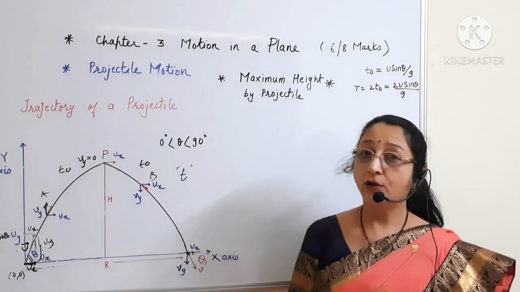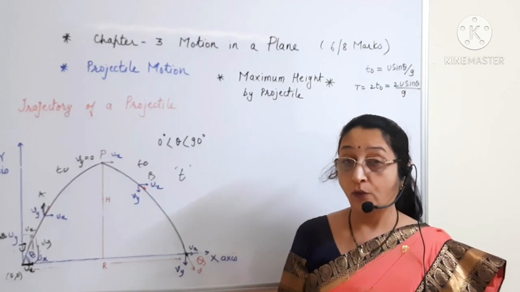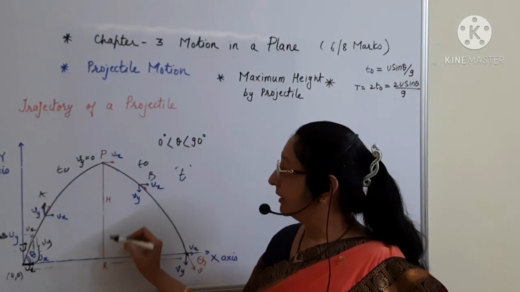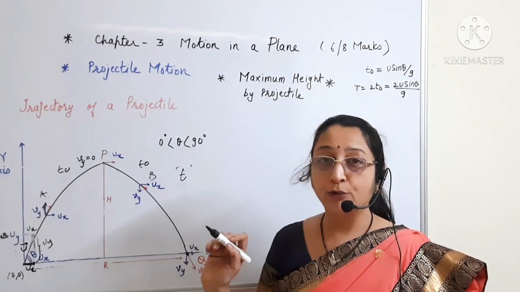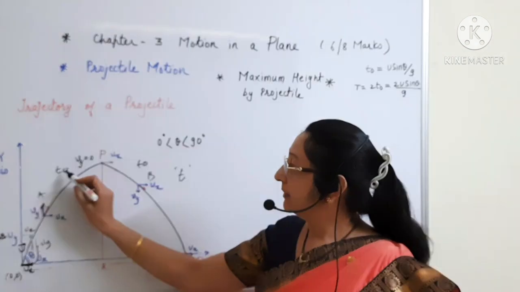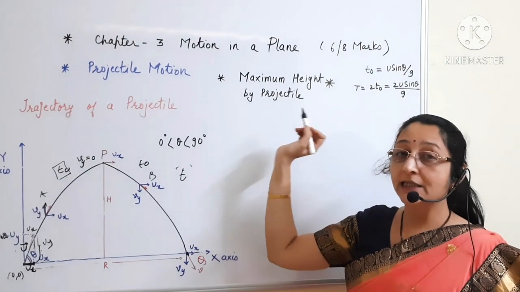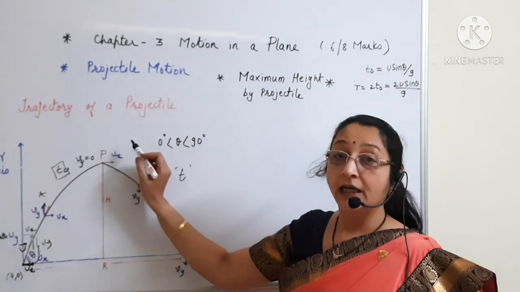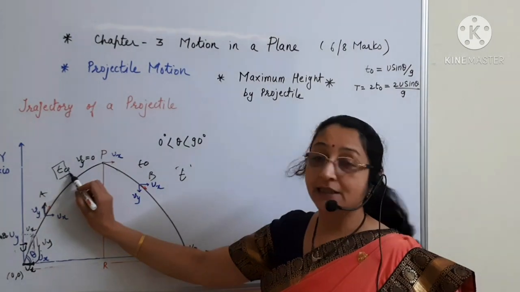Next, we are going to discuss the maximum height of the projectile. Now, what is the maximum height? It is the maximum distance traveled by the projectile in time t0. The maximum height of the projectile is the distance traveled in the vertical direction in time t0.